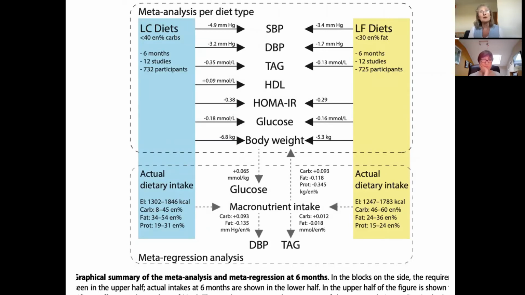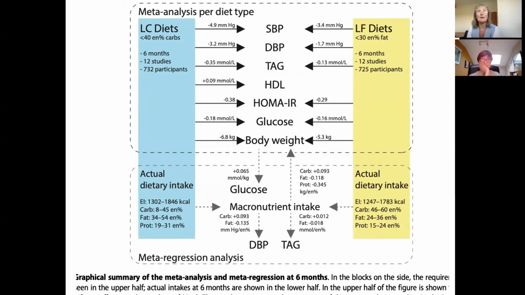And also the low carbohydrate diets were the only ones that had the positive impact of putting up the HDL measure, which you want to have a higher measure on HDL. So although they both were effective, the low carbohydrate diets were more effective in terms of all those measures.